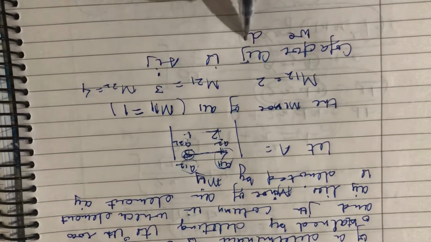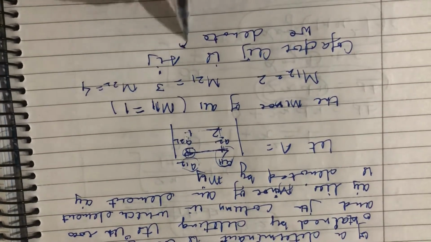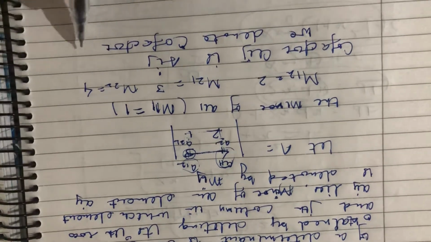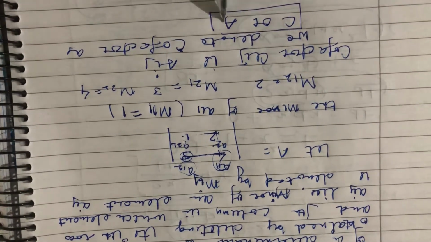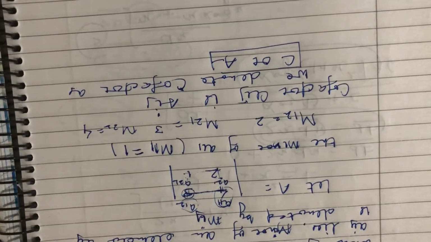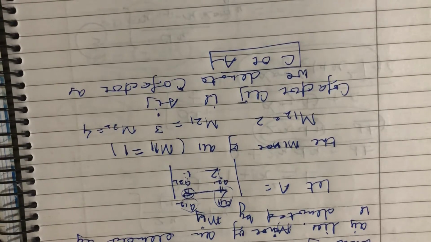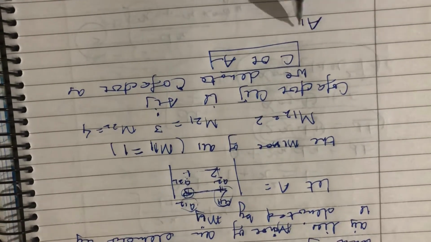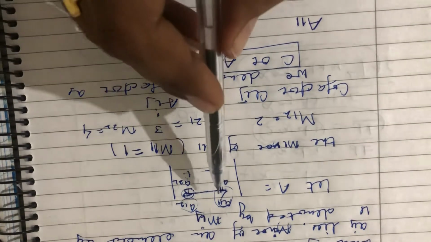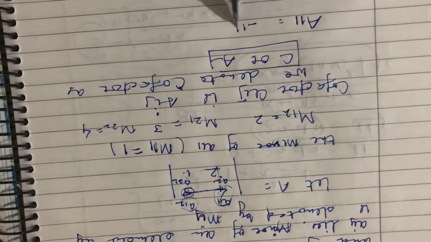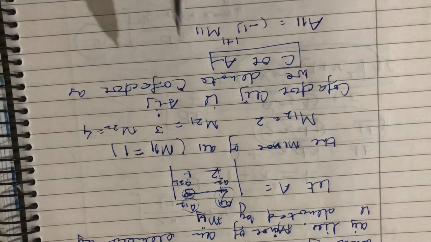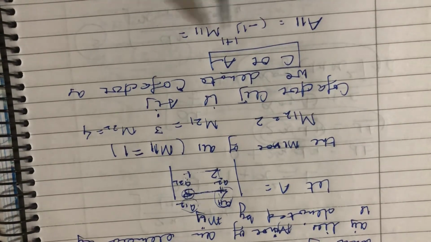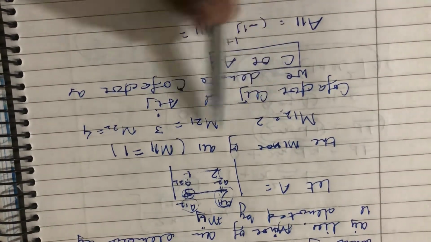We denote the cofactor by capital C or capital A. Generally we use capital A. Suppose we want to find the A11 cofactor. Then we write (-1) raised to power 1 plus 1, multiplied by M11. Here 1 plus 1 is 2, which is even. What is M11? It is 1.